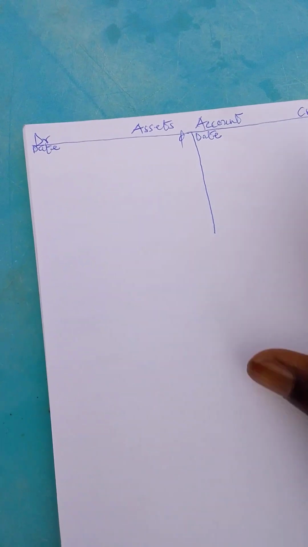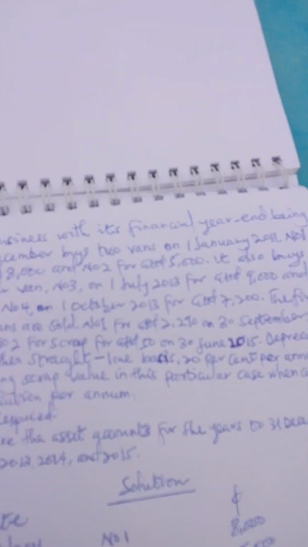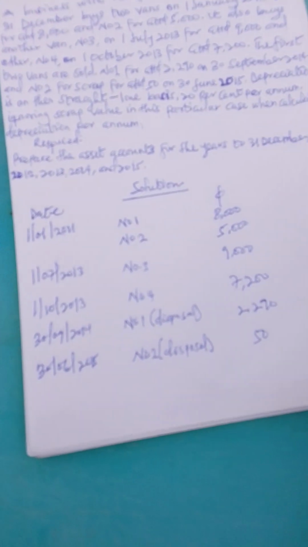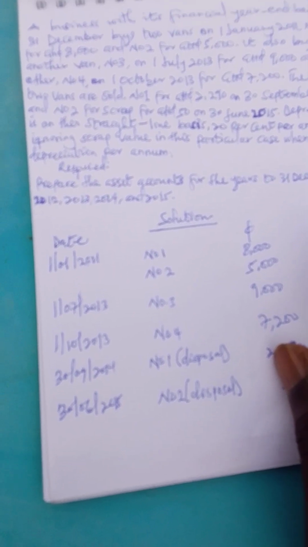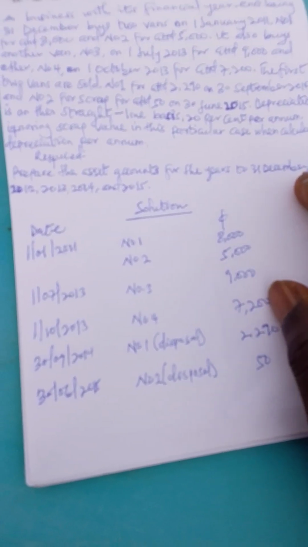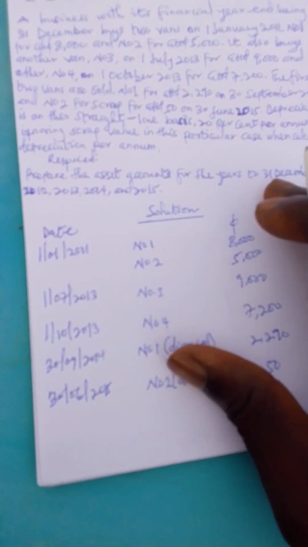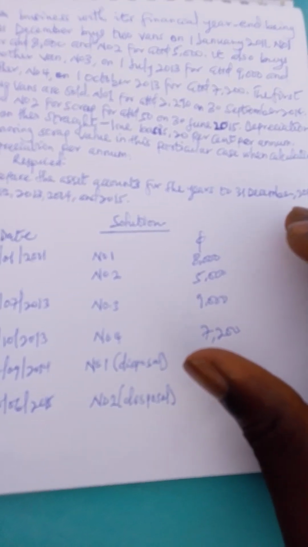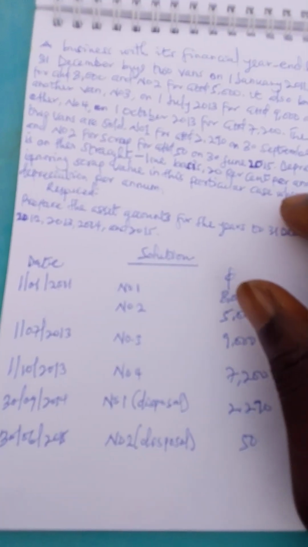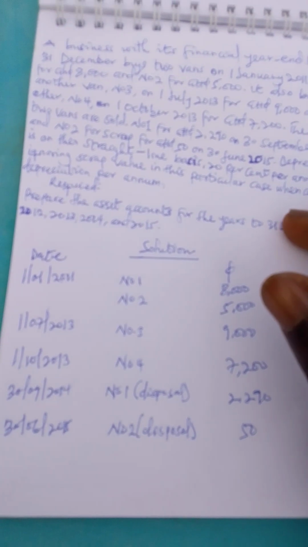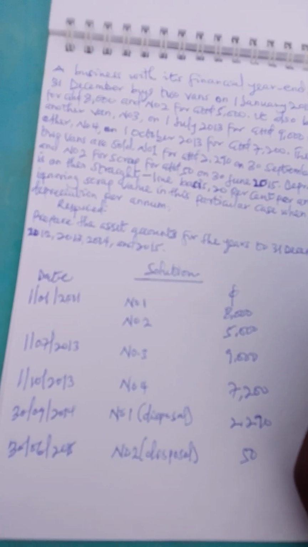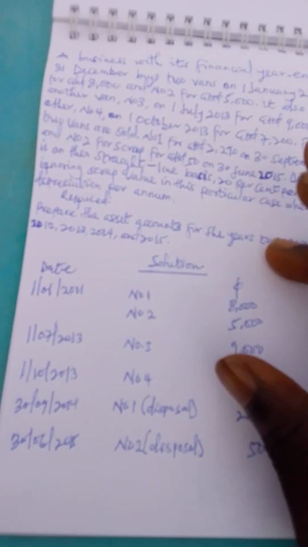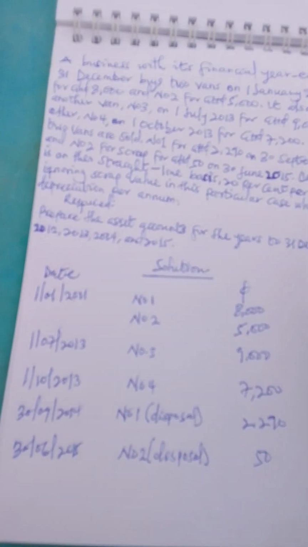So let's check our question and we realize that on the 1st of January 2011, two assets were bought. So we are going to record those assets. So an asset was bought from a certain company because there are two people involved in this transaction: the one that is selling the asset and the one that is buying.